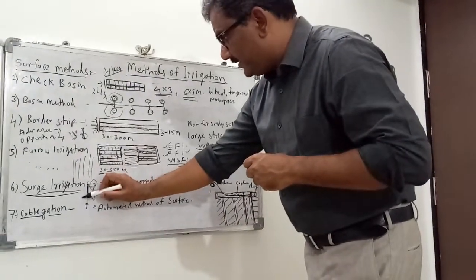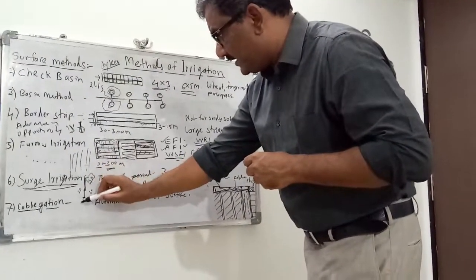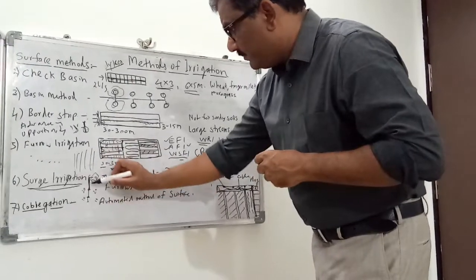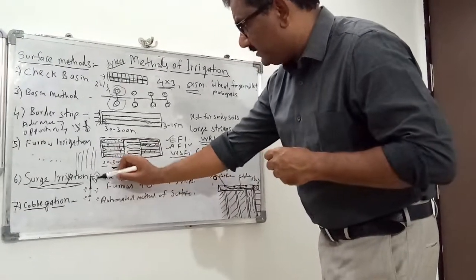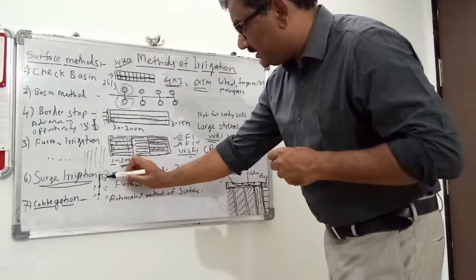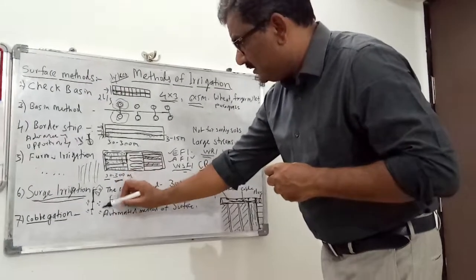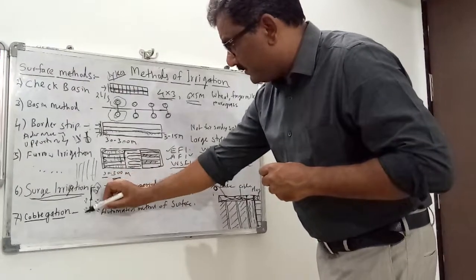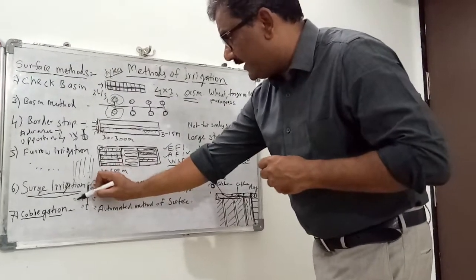We stop for suppose 20 minutes, and again for 10 minutes. Means one cycle takes 30 plus 20 plus 20 plus 10 plus 10. Means application of water is suppose 60 minutes, and the break is 30 minutes, so the cycle is of 90 minutes.